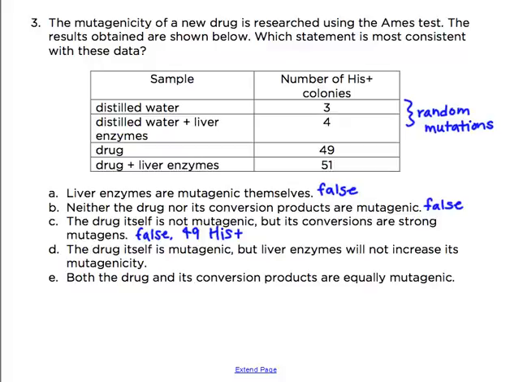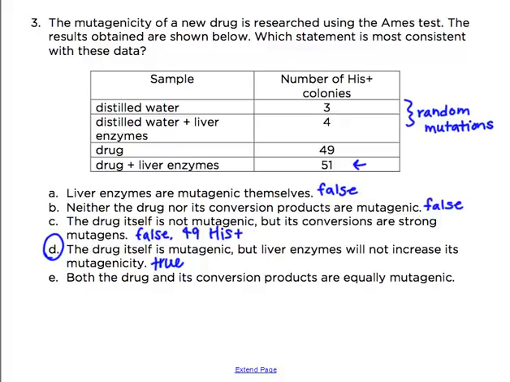So we know, as we said before with the last statement, that the drug is a mutagen, so that's right, and liver enzymes will not increase its mutagenicity, that's also true, because if it did increase its mutagenicity, then in this data here, we should see a larger increase, like maybe 100, 150. So D is true. So we're going to circle D and say that that statement is very consistent with these data.